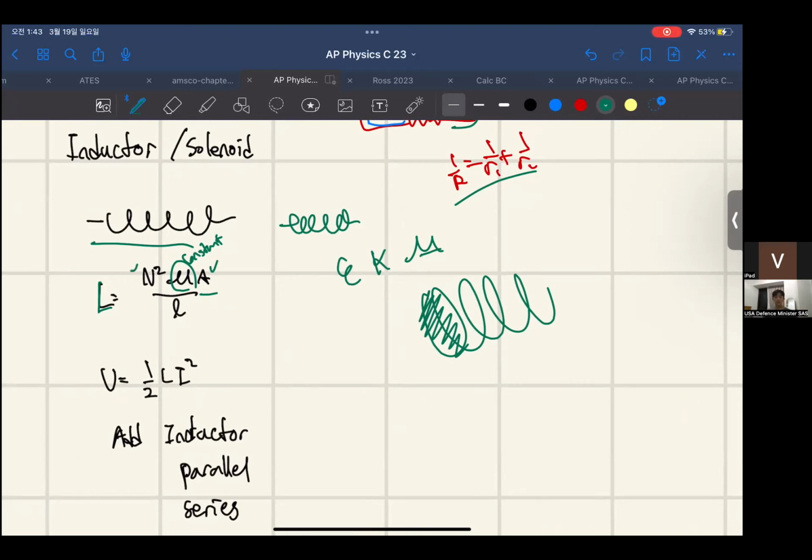Now, another thing is N. N stands for the number of times this coil is wrapped. So if the coil wraps just once, then N will be 1. If the coil wraps twice, then N will be 2. If the coil wraps 100 times, then N will be 100.